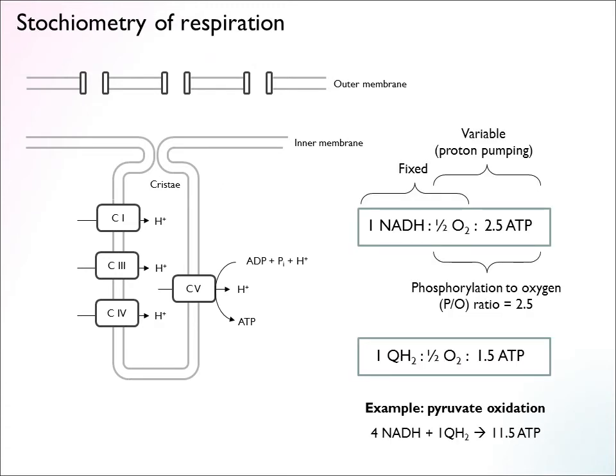So when you look at the stoichiometry of respiration, this gets a little interesting, because if we think about regular reactions like ATP synthesis in glycolysis, you always have a fixed stoichiometry. You can put numbers on this. You make one ATP out of the reaction that consumes one phosphoenolpyruvate and so on.